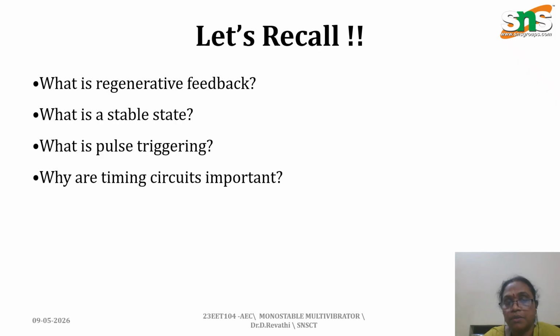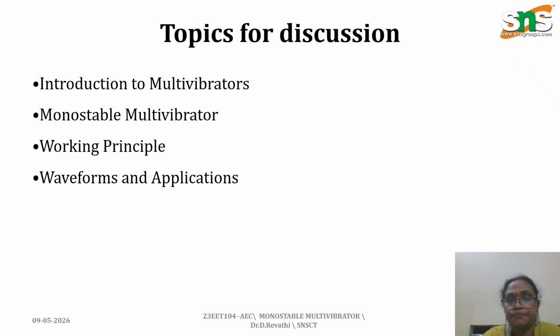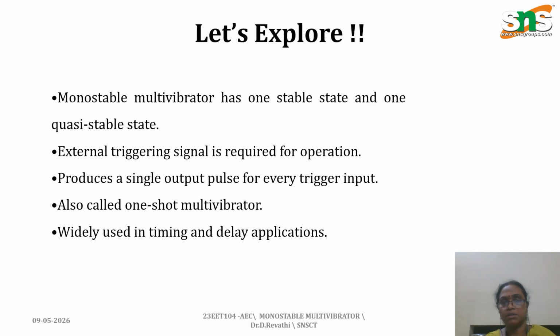For that, the timing circuit is important. Why? Because between the on and off, stable to unstable or unstable to stable, there is a time delay. So based on the timing circuit only, we can achieve this. So today's topics are introduction to multivibrator, monostable multivibrator, working principle, waveforms and applications.